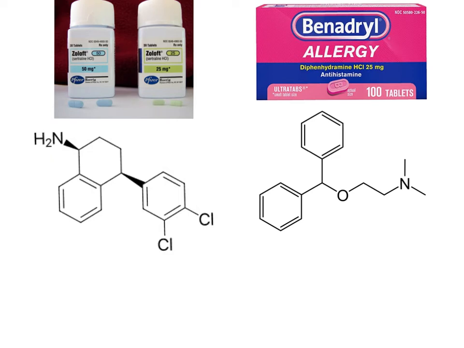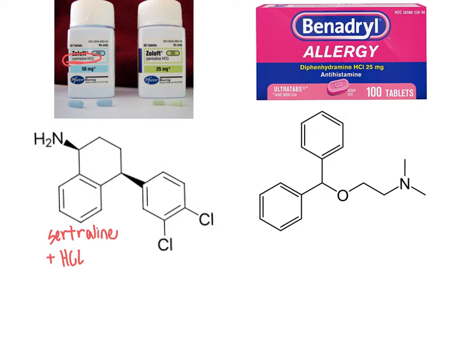For example, if we look at the bottle of Zoloft, a commonly prescribed anti-anxiety, antidepressant drug, we see that the chemical present in Zoloft is this, sertraline HCl, indicating that the sertraline molecule, or the Zoloft molecule, shown here, has been reacted with HCl to give the amine salt, or the ammonium salt form.